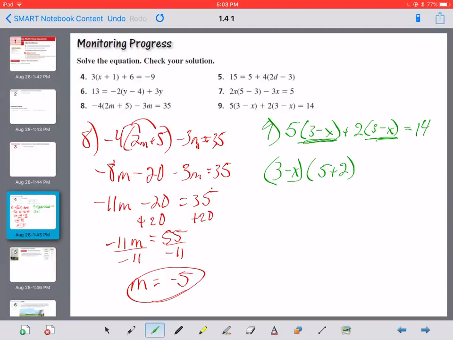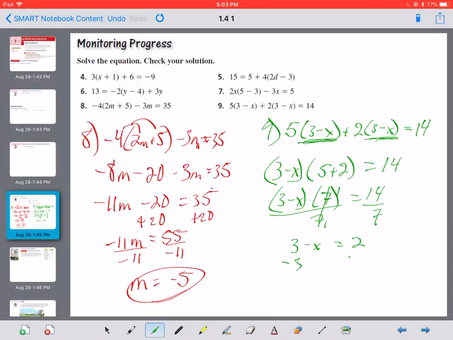We can actually factor that out. Leaves us with 5 plus 2 times 3 minus x equals 14. 5 plus 2 is 7, times 3 minus x, equals 14. They're multiplying, so I can divide both sides by 7. Reduces to 1. Leaves me with 3 minus x. And 14 divided by 7 is 2.